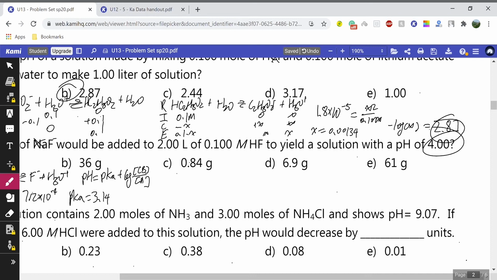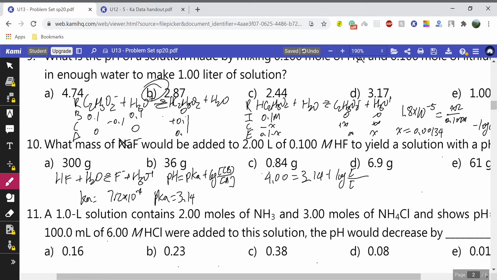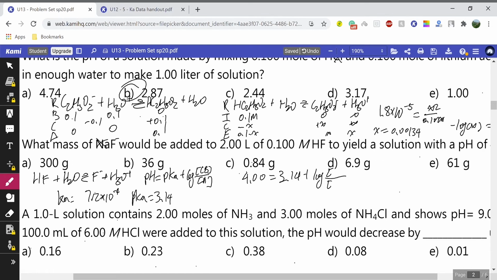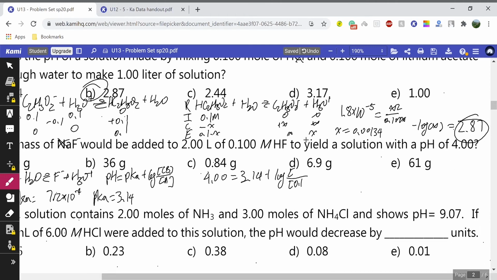So we're given 4.00 is equal to 3.14 plus the log of conjugate base, F minus, over acid. They're asking for the mass, and it told us the molar concentration for the HF, which is 0.1 molar. This will be X molar. So 4.00 minus 3.14 is equal to 0.86.